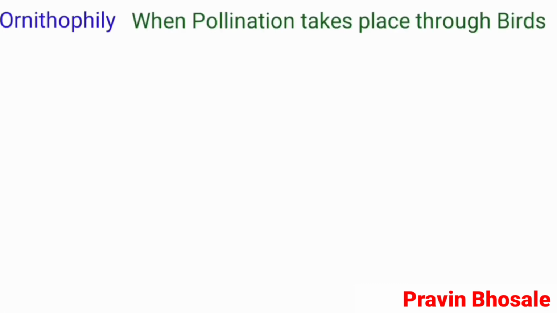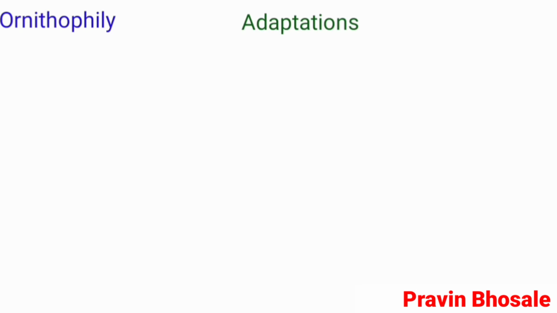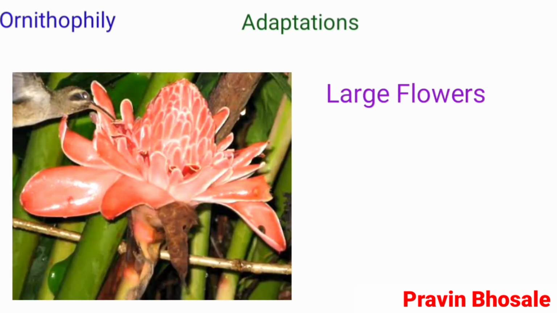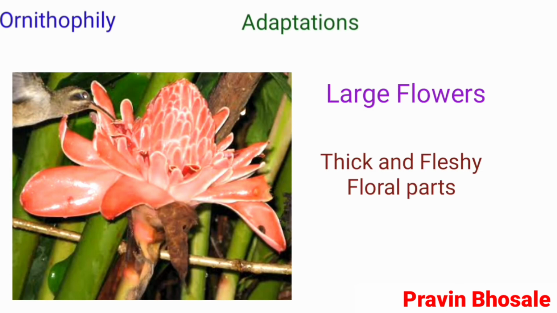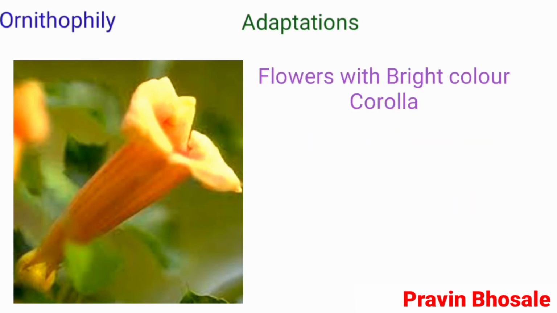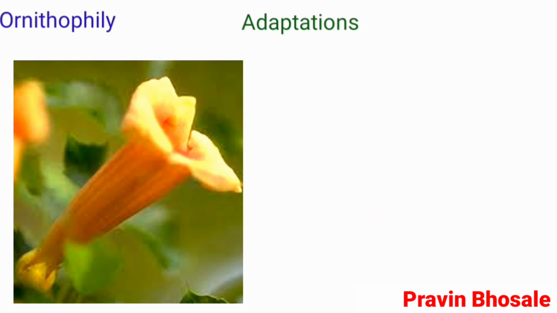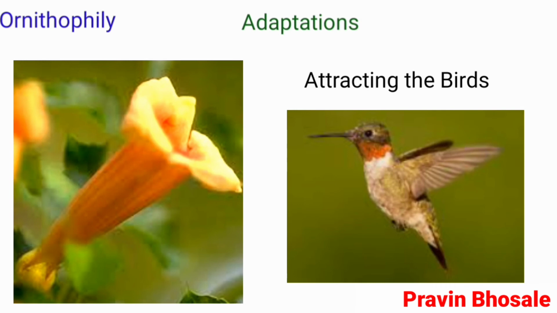Ornithophily is when pollination takes place through birds. Adaptations: ornithophilous plants show large flowers with thick and fleshy floral parts. Corolla is tubular or funnel shaped. Flowers have bright colored corolla like orange, red, yellow, blue, which helps in attracting the birds.